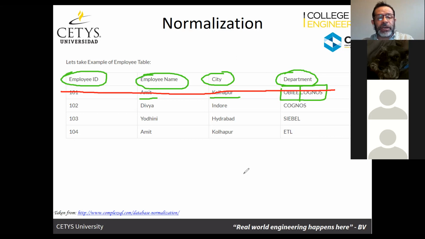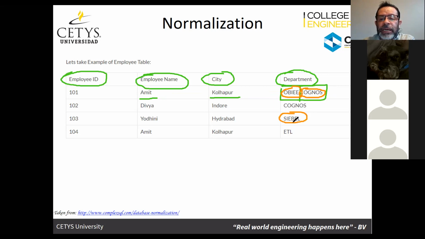Right now, before I do the deletion, how many departments are identified here in the table? 4. I've got OBIEE, Cognos, SIBO, and ETL. There are 4 departments that exist right now in the table. The thing is that the only person right now in the OBIEE department is Amit Kolhapur.